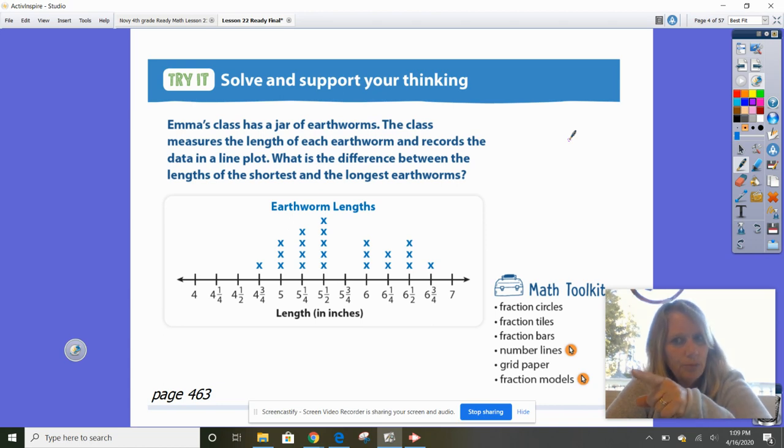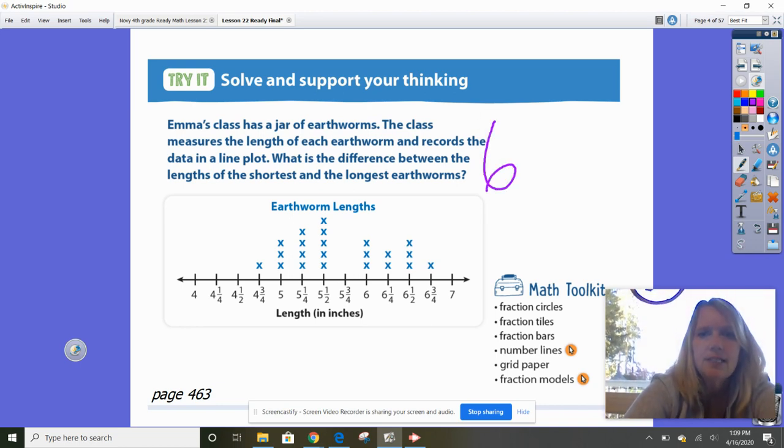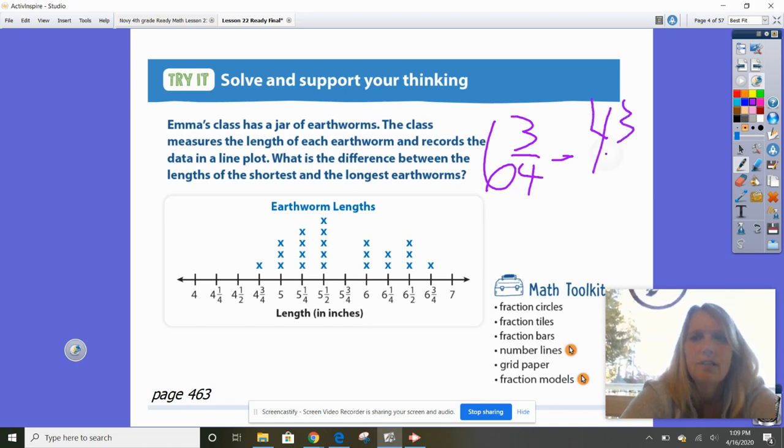Welcome back. I hope you pushed pause. So to solve the difference for this one, it's going to be 6 3/4 because that's the longest, minus 4 3/4.